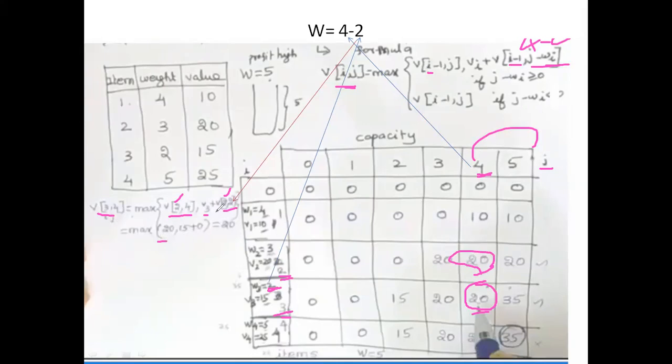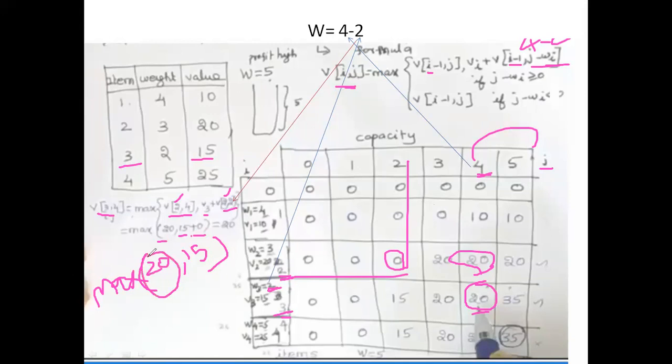20, V3. So what is V3? 15. So 15 plus 2, 2. 2, 2 is 0. So 15 plus 0, 15. So maximum of 20, 15. What is the maximum value? 20.